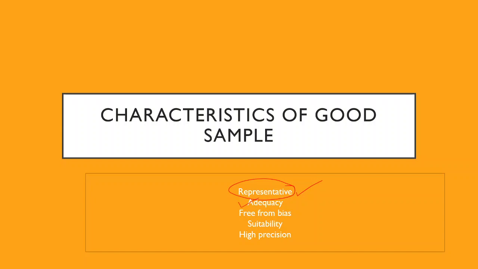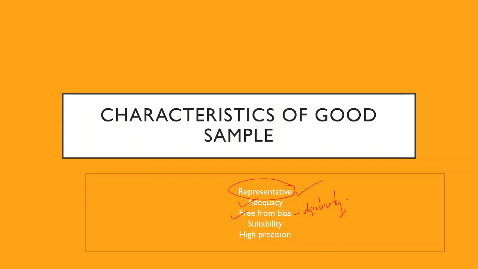The third one, it should be free from bias. That means there won't be any kind of subjectivity in selecting the sample. Objectivity should always be there in selecting a sample, so there is no scope for bias. The fourth one is suitability. That means the sample that we selected should be suitable for our area of study.